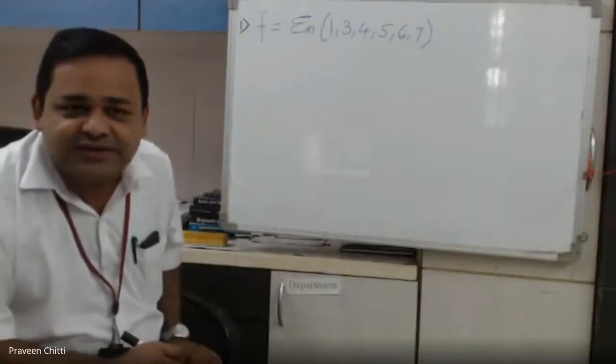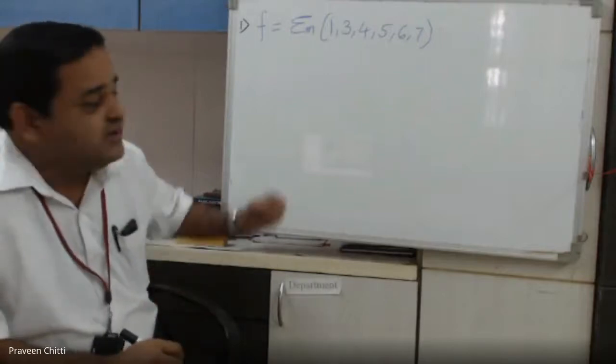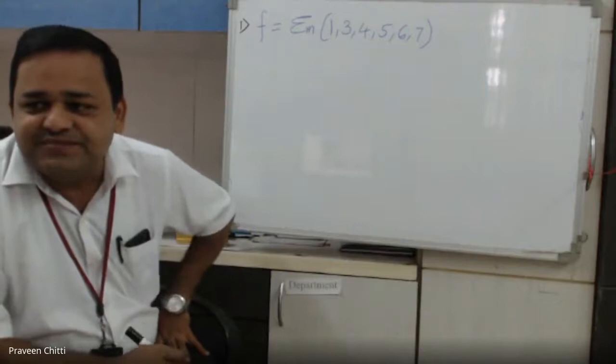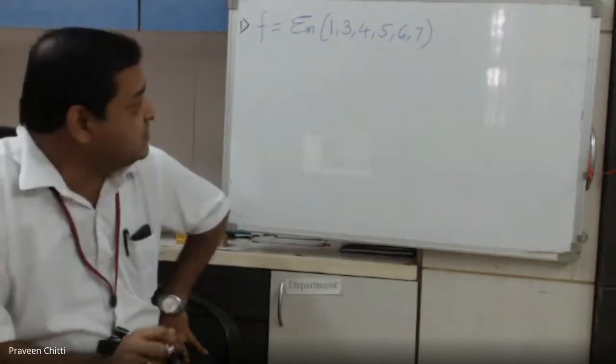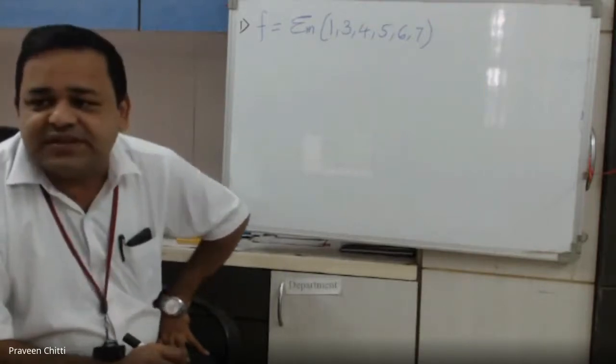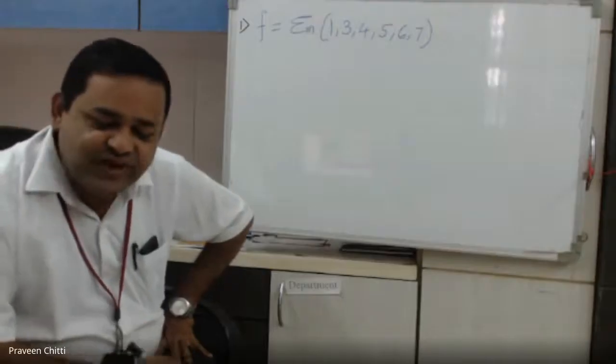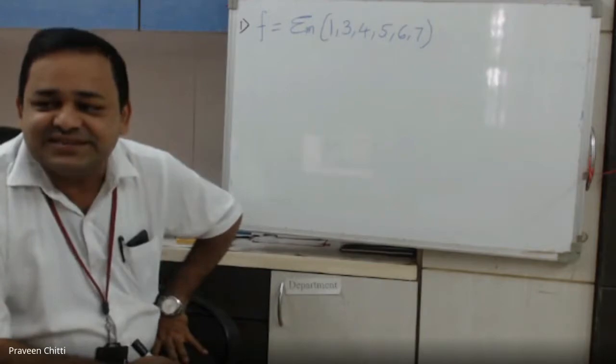Deliberately, I have not given. Though it is the first example, in the first example itself I have not mentioned what the variables are. Simply, I have written f equal to sigma m 1, 3, 4, 5, 6, 7. So we can take it as three variables because there is no use of the fourth variable here, sir. No, how can you say that we have to take only three variables?